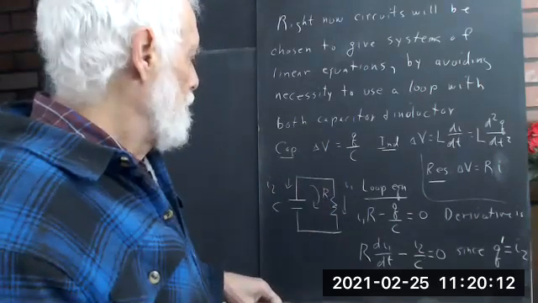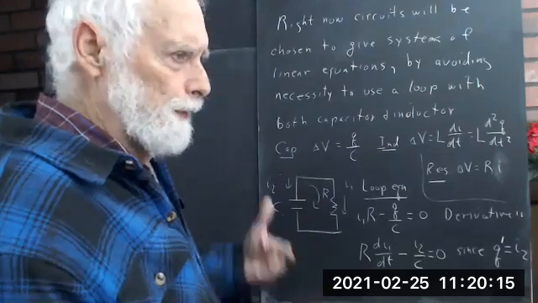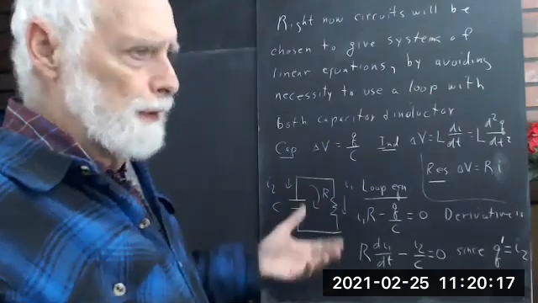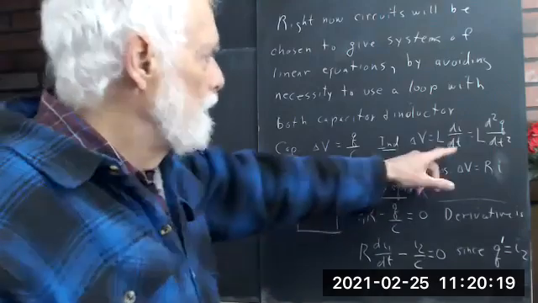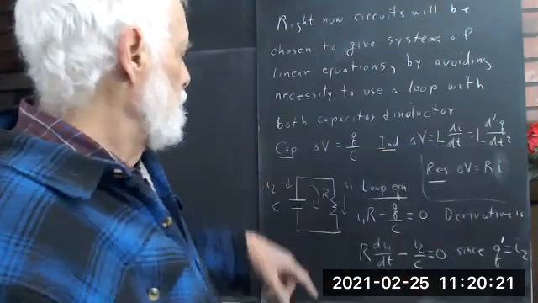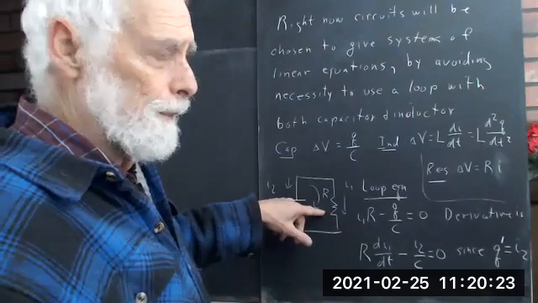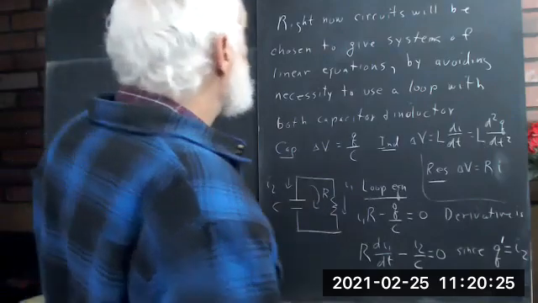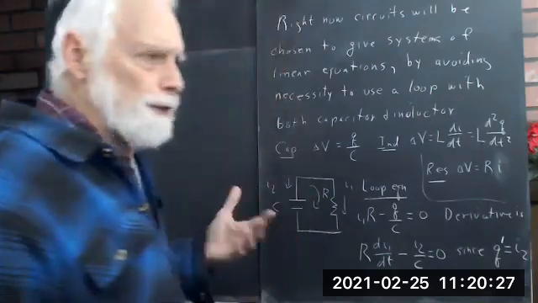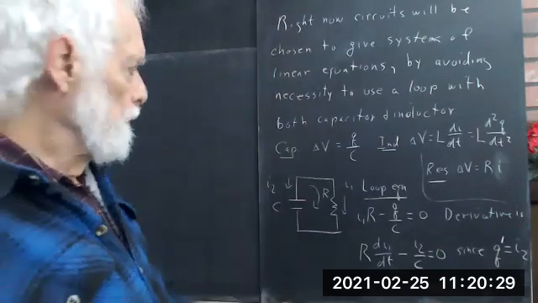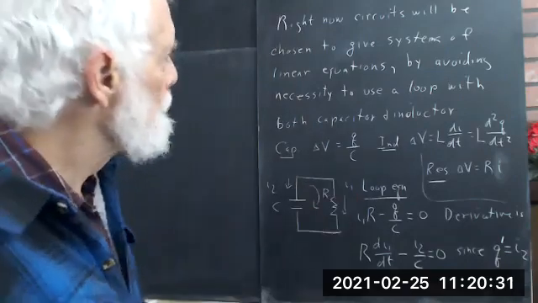Okay. If you have a resistor, inductor, and a capacitor, you can't get away from having to do second derivatives of charge here and first derivatives of charge here. Okay. So the book is actually simplifying things a little bit by giving you circuits where it's always possible to do this.